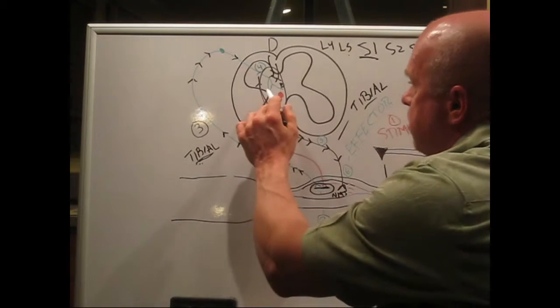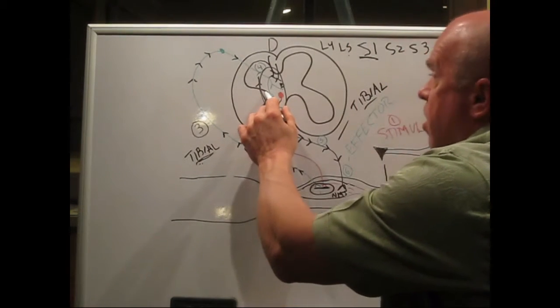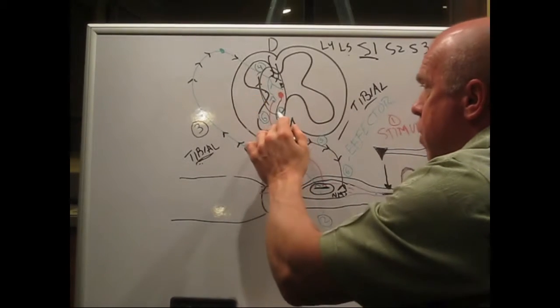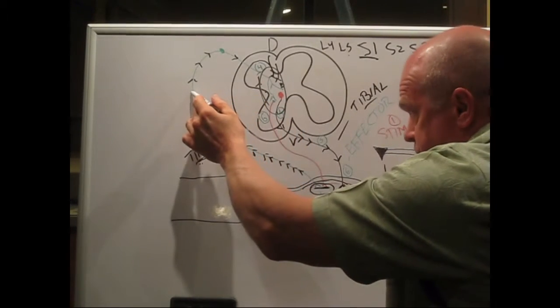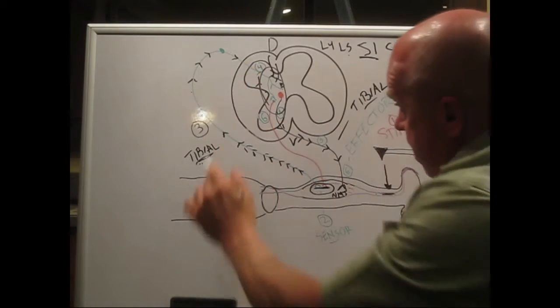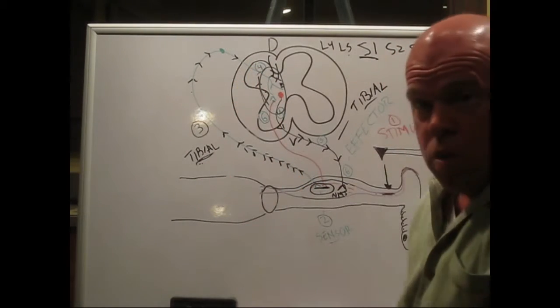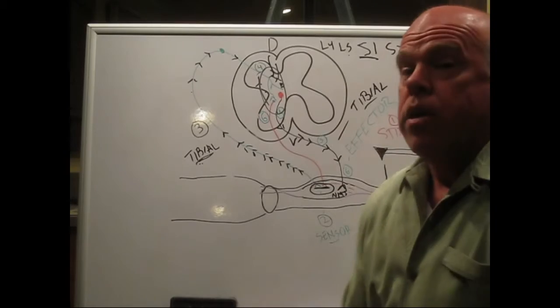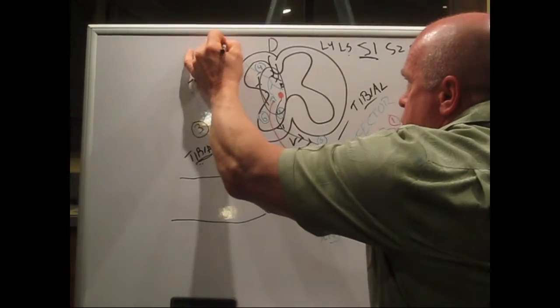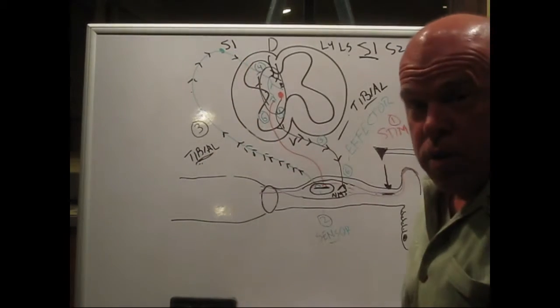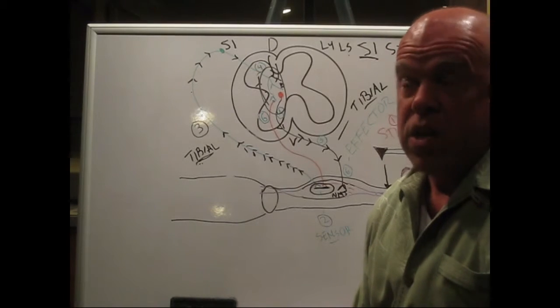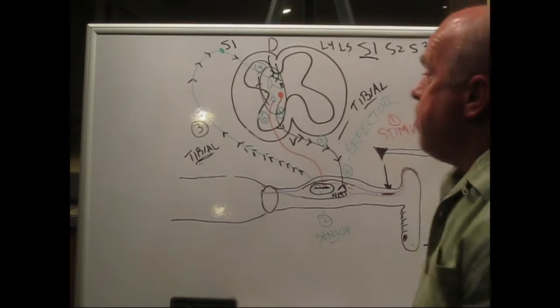If the S1 level of the spinal cord is functioning properly, where do these afferent axons come into the S1 level of the spinal cord? They come in through the S1 nerve root. We know that the S1 sensory nerve root is normal.